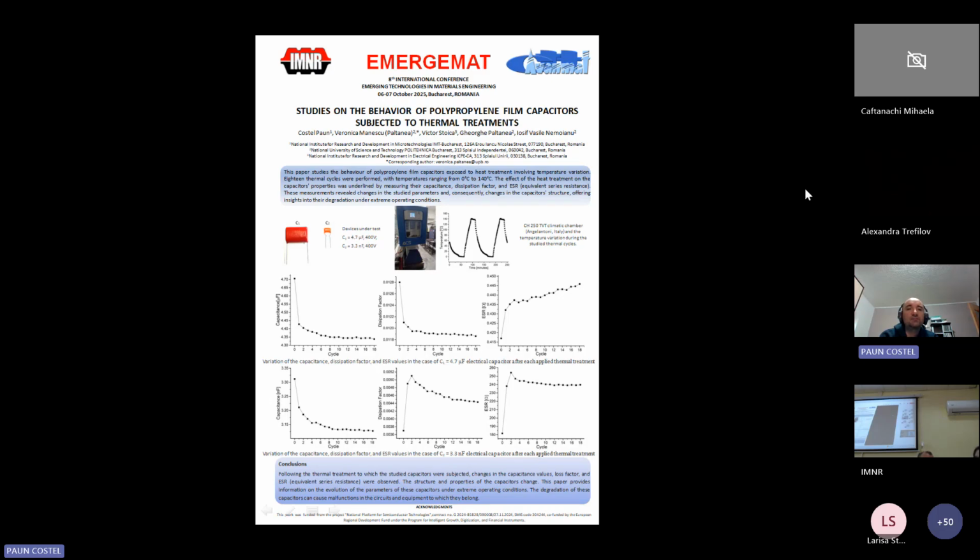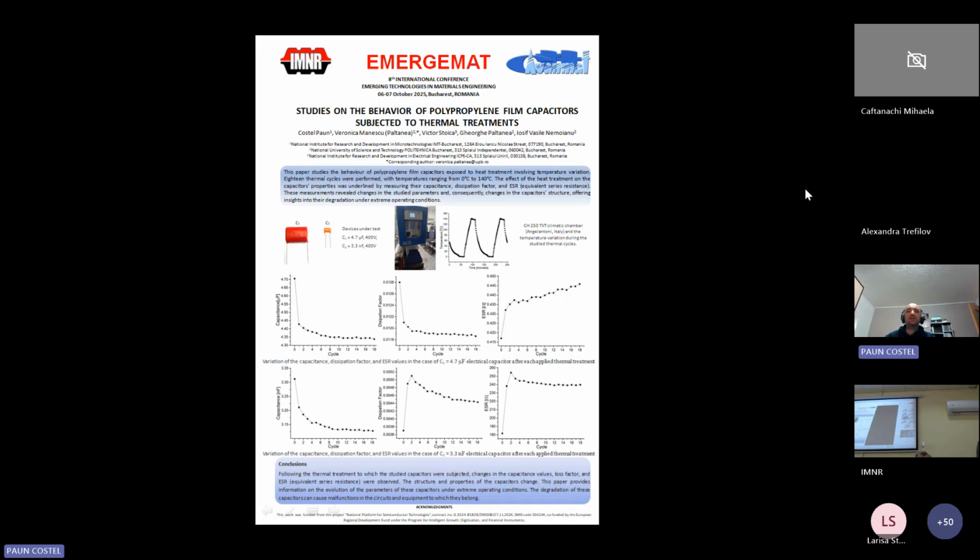Two capacitors were measured, presented in the higher left corner, of 4.7 microfarads and 3.3 nanofarads at 400 volts alternating current. Following the measurements, 6 graphs are presented, which show the variation of the capacitance, dissipation factor, and ESR values in the case of the first and the second capacitor.